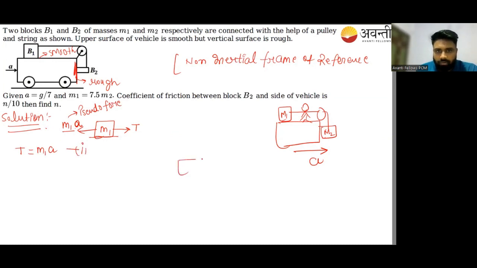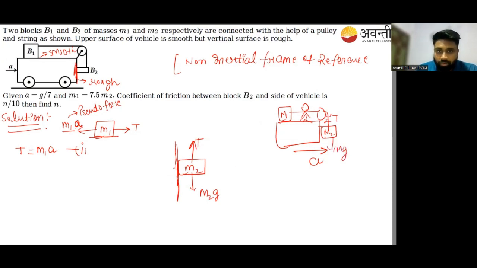For block M2, this is the surface in contact. This is the mass multiplied by g, acting in the downward direction. In the upward direction we have the tension T. This is M2g.